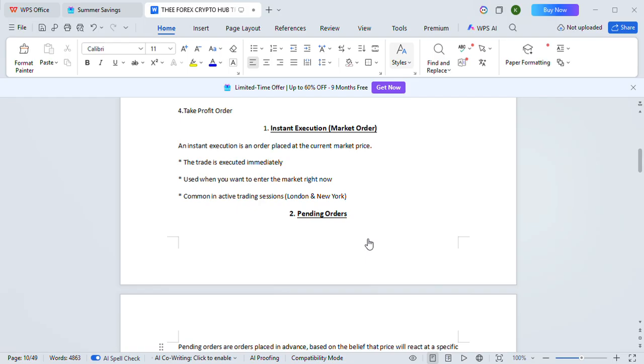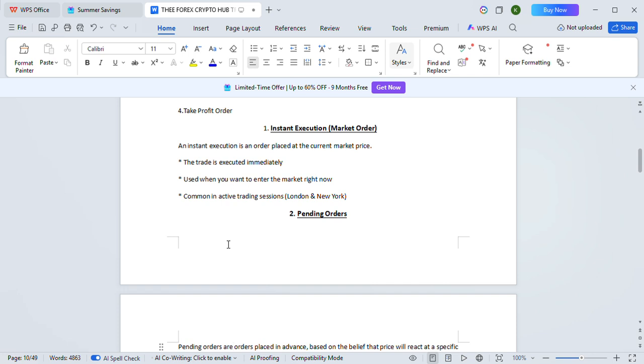Okay, so now I've joined with my phone. Let me finish up with this, then we can practice. We have said an instant execution is an order placed at the current market price, right?